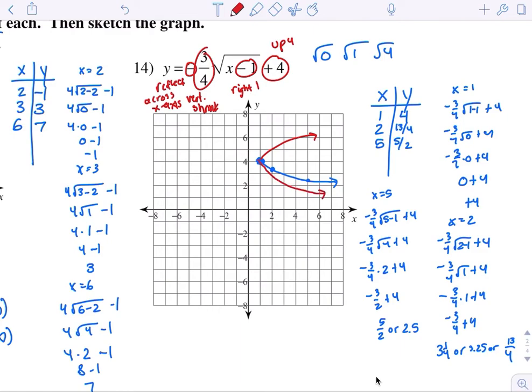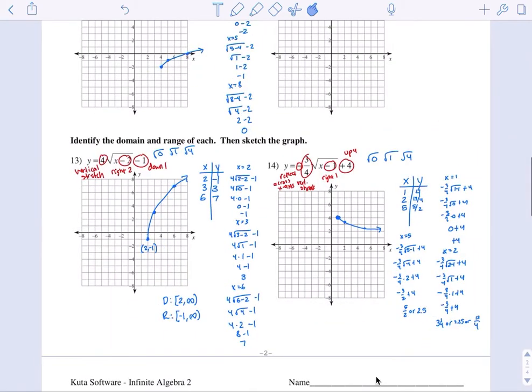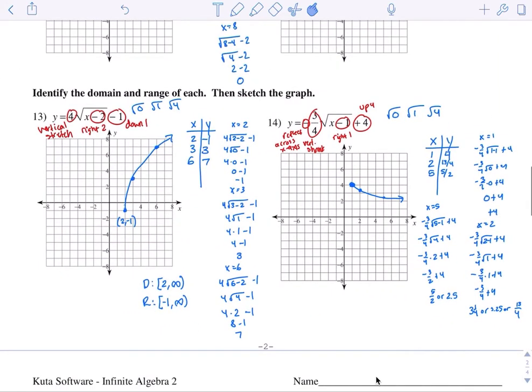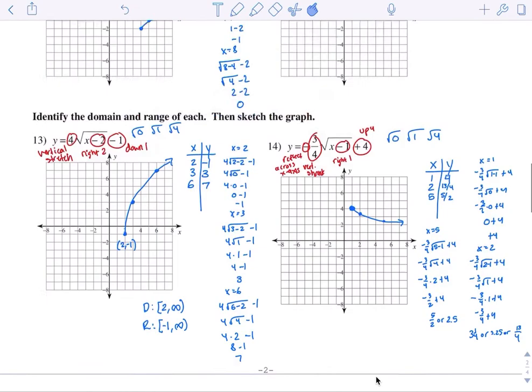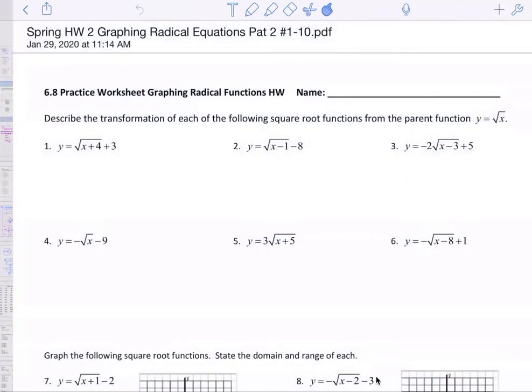And since it's shrunk, it's under that curve. So that would have matched up pretty good. Again, transformations just further emphasize that you did your graph correctly. Alright, so that was that first page, if you need that help. Now here's your part 2.